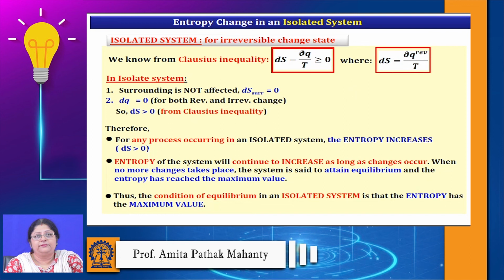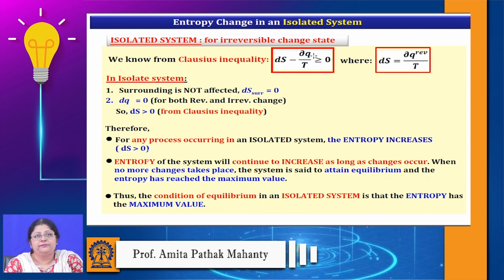I have said that this dq by T actually contains two parts. It contains the dq reversible by T plus the dq irreversible by T. And if I sum dq reversible by T plus dq irreversible by T, that should be less than or equal to 0.